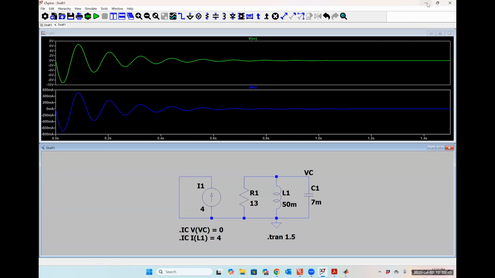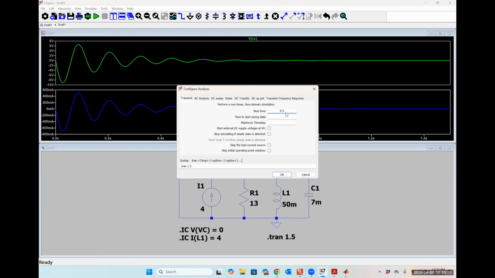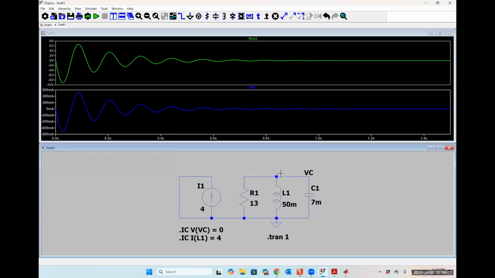If I multiply that by 5, that's in the ballpark of 1 second. So that was my initial thinking. If I go to my simulation settings and change the stop time from 1.5 to 1 second, which is based on 5 times that reciprocal of alpha, because we're treating it as if it were a time constant.